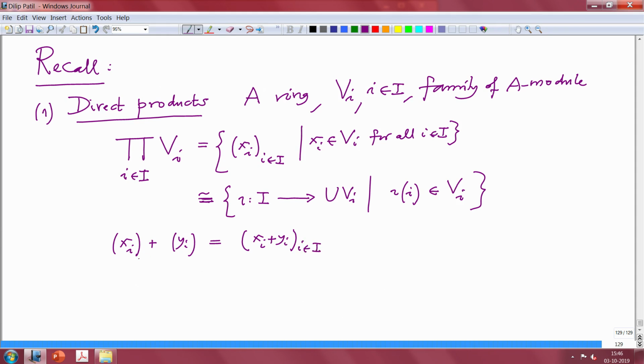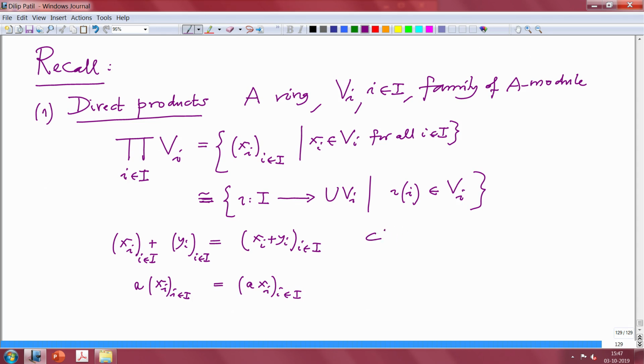And scalar multiplication, how do we do it? If you have a scalar and you want to multiply a tuple by that scalar, you just push it in. So, this means a xi, and again here this scalar multiplication is in Vi.